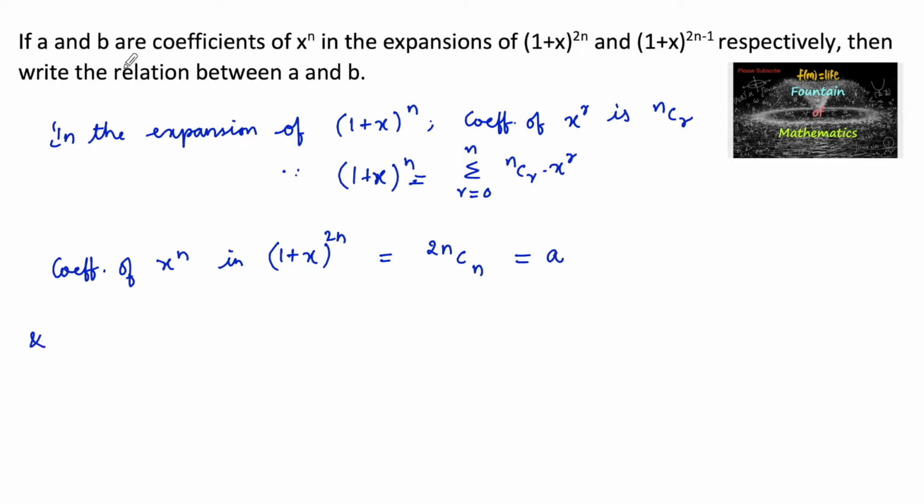And similarly, b is the coefficient of x^n in the expansion of (1 + x)^(2n-1), that is (2n-1)Cn, which is given by b.